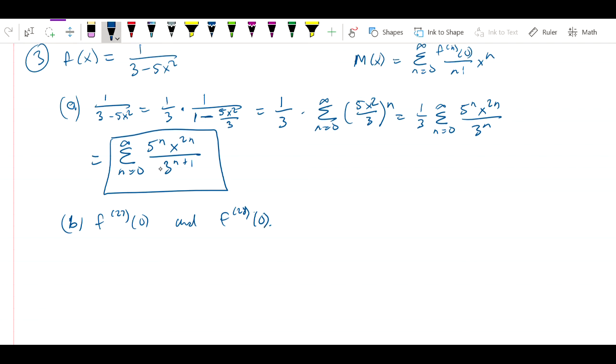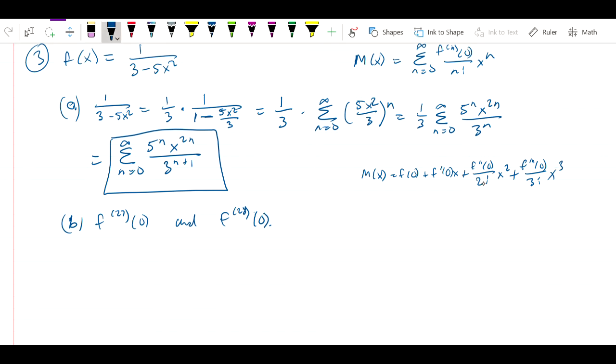Since we've found that this is the Maclaurin series, note that a Maclaurin series looks like this. It has f of 0 plus f prime of 0 x plus f double prime of 0 over 2 factorial x squared plus f triple prime of 0 over 3 factorial x cubed. Just to make it clear, that's a 2.